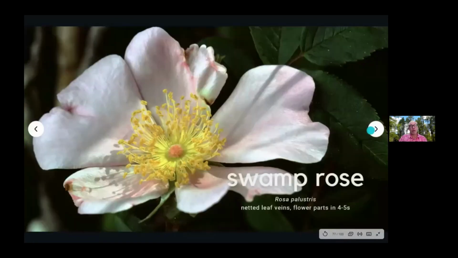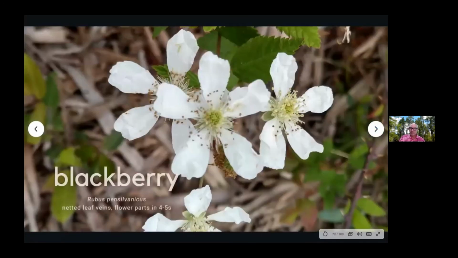The swamp rose, Rosa palustris, literally means rose of the swamp. 1, 2, 3, 4, 5. How many stamens? Well, a lot. Sometimes that'll do. Sometimes the number of stamens isn't as critical as other floral characteristics.